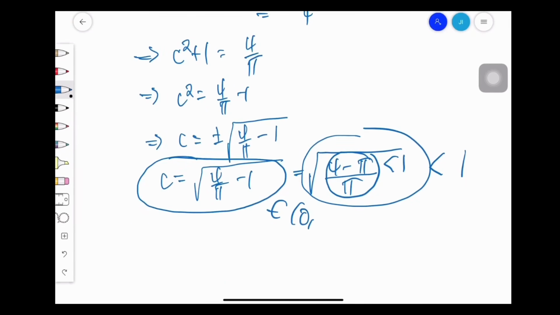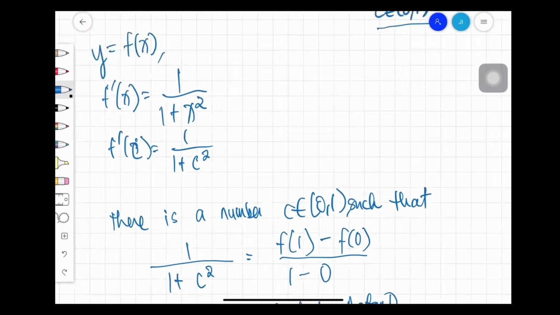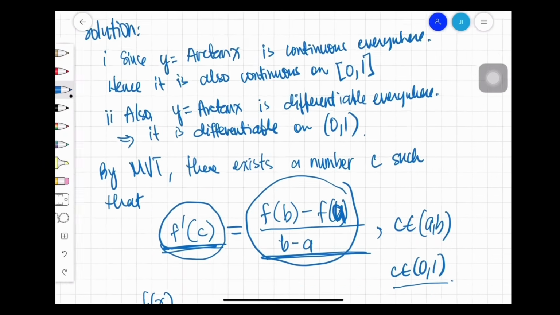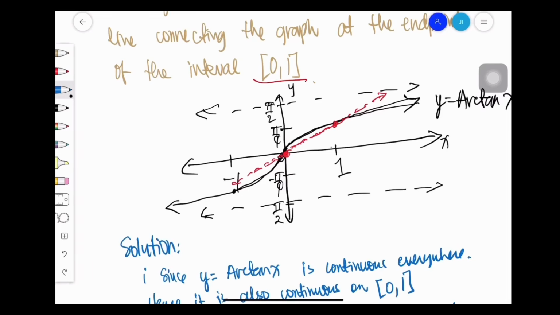Okay, that means if c is equal to square root of 4 over pi minus 1, then the slope of the tangent line at that particular value c is the same as the slope of the secant line passing through the endpoints of our interval. So probably our value c here is in here.